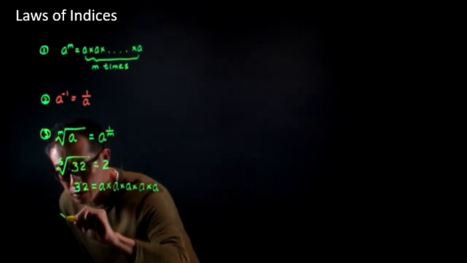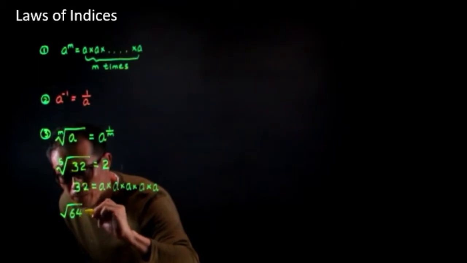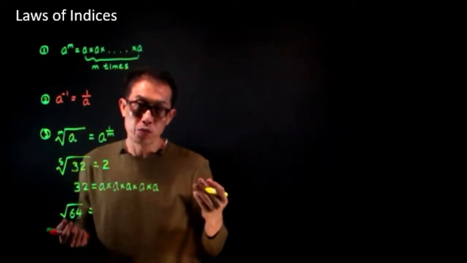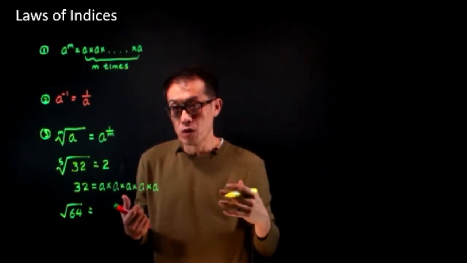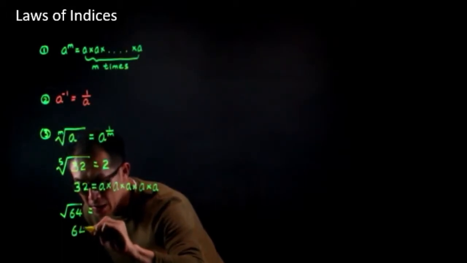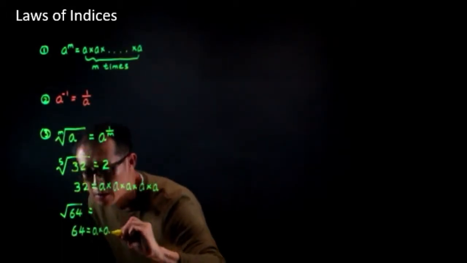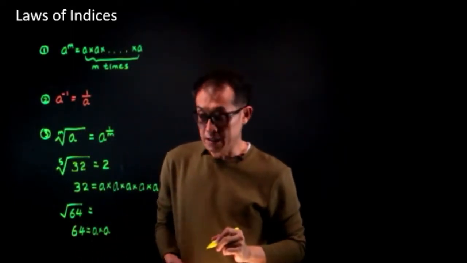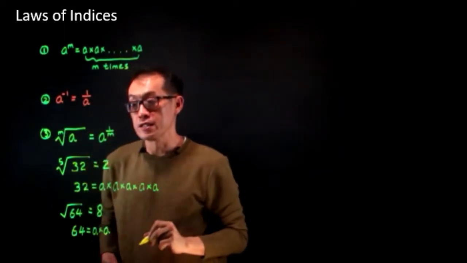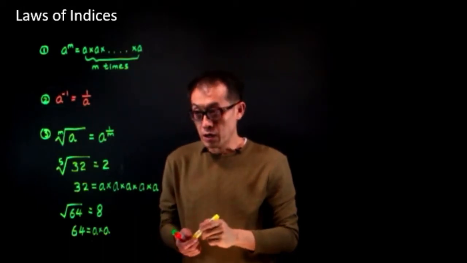Square root of 64. What is square root of 64? All of you already know that it is 8. So you are actually trying to find a number that times itself 2 times, and your answer is 64. So the A is 8. That is what I meant by nth root of A.